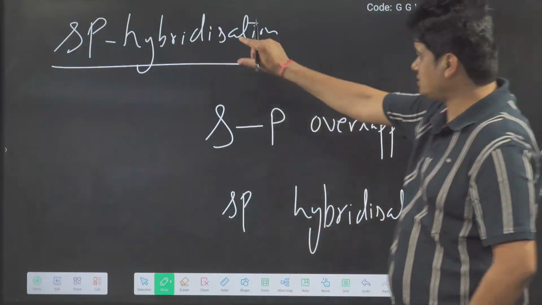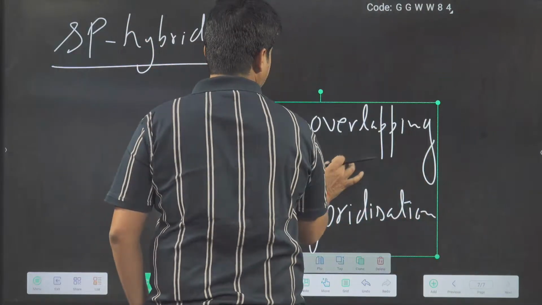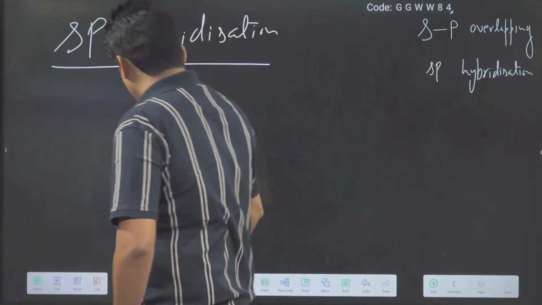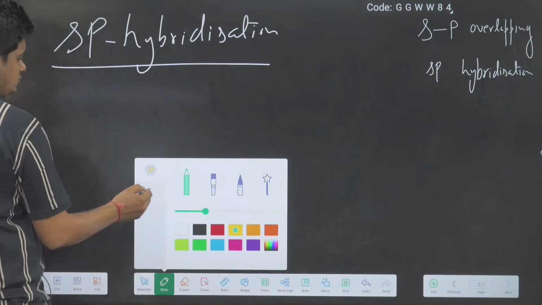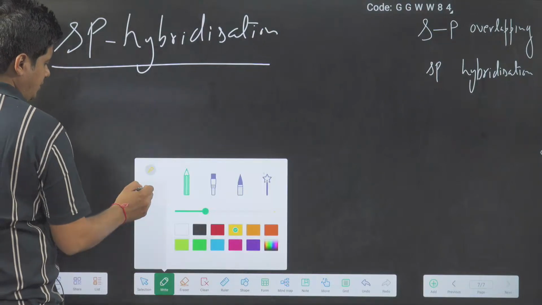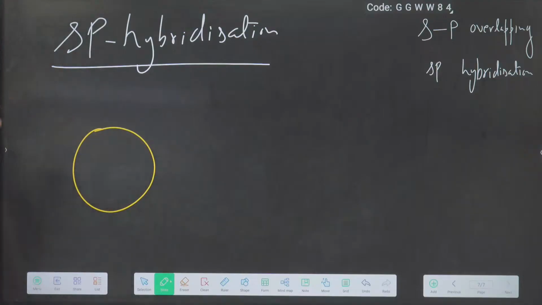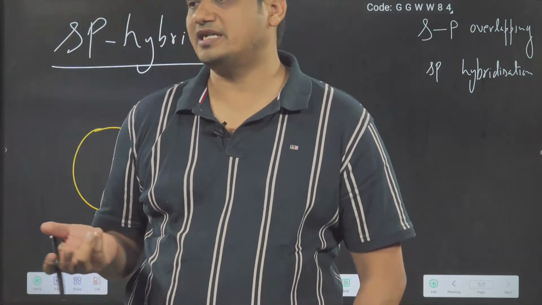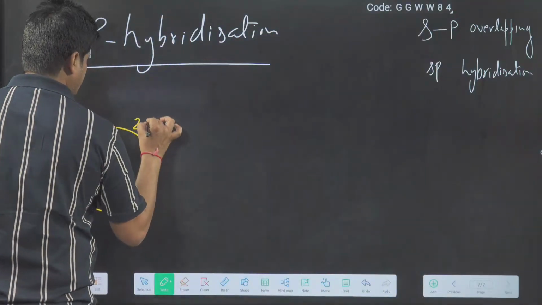Okay, so the first topic here is sp hybridization. Now, if I want to write sp hybridization, what will I use? I will use an s orbital and a p orbital. And you know the s orbital is spherical, the p orbital is dumbbell-shaped. So this is the 2s orbital, assume it is the 2s orbital.